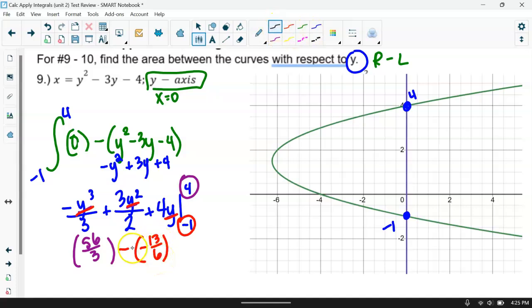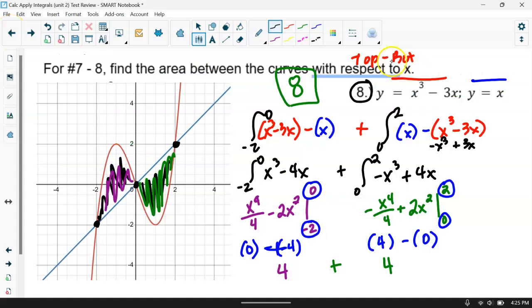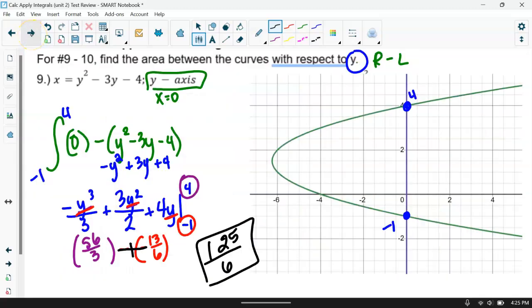So now notice again, you're ending up having to add those values together and get an area of 125 over 6. So just remember, right, with respect to x, top minus bottom, and you're focusing on the x values. With respect to y, right minus the left, and you're focusing on the y values.